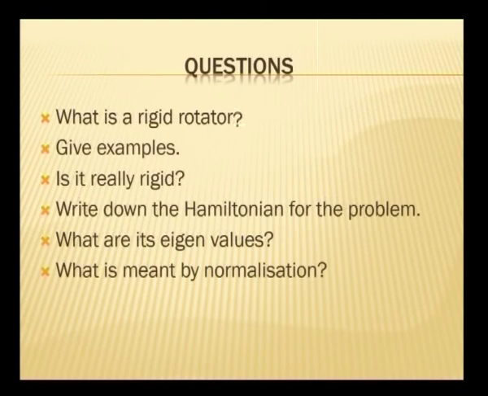The questions are: what is a rigid rotator? Give examples. Is it really rigid? Write down the Hamiltonian for the problem. What are its eigenvalues? What is meant by normalization? With this we come to the end of the section on quantum mechanics.